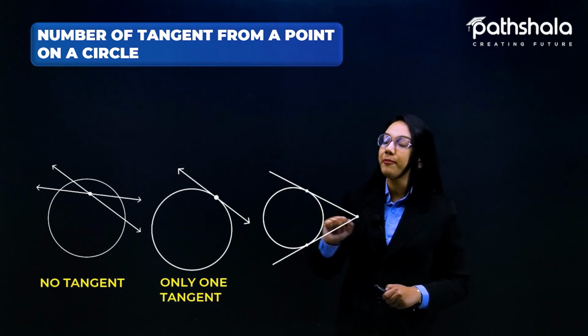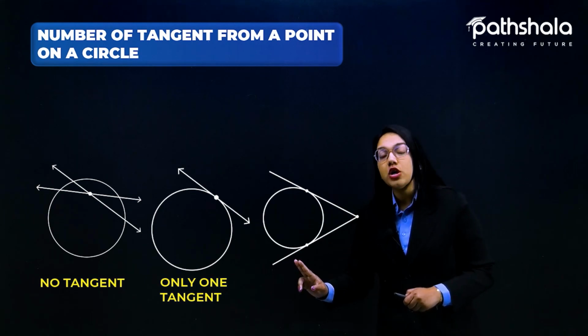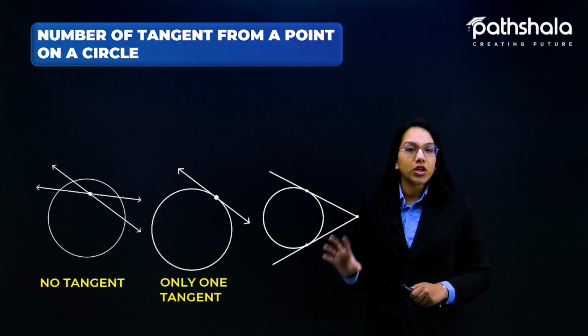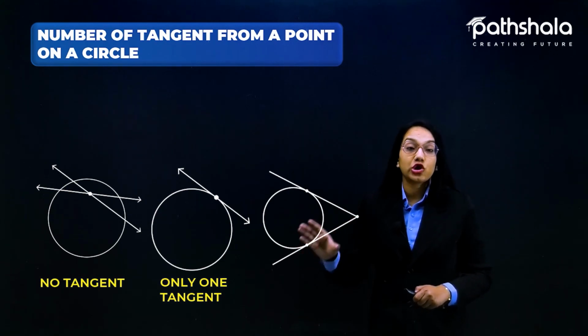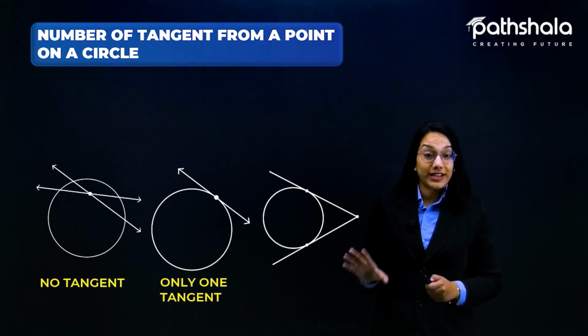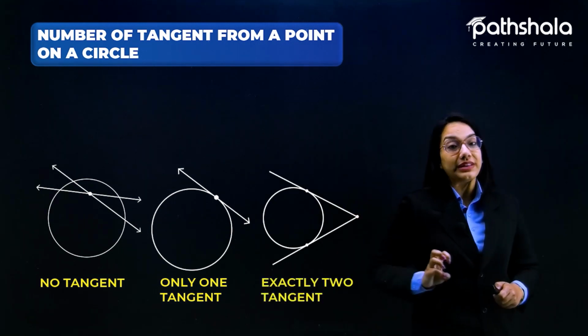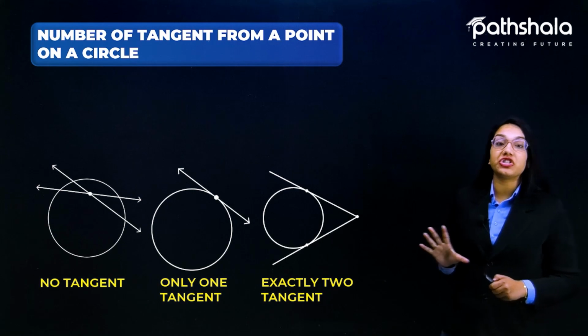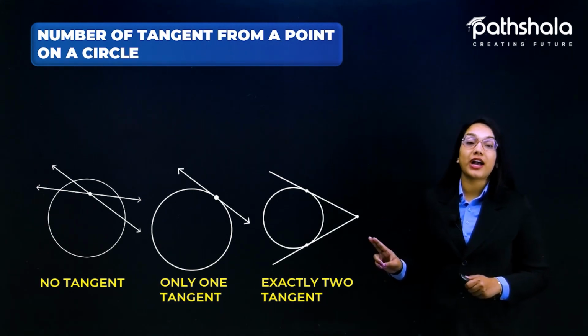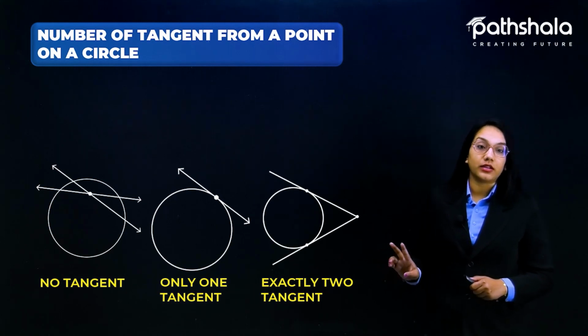This is my tangent number 1 and this is my tangent number 2. So we can draw two tangents to a circle whenever the point is lying outside the circle. Hence there are exactly two tangents for this point whenever it is lying outside the circle.